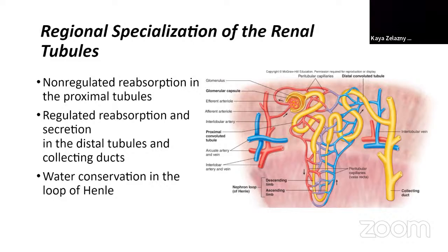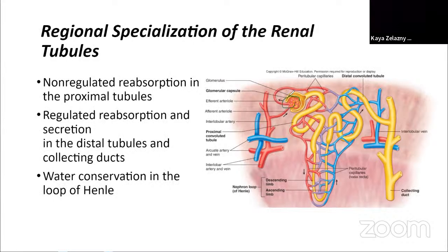In the distal tubules and in the collecting duct, so at the end, right? We have our glomerulus, we have Bowman's capsule. Put together, this is the renal corpuscle. We had our proximal tubule, we had our loop of Henle, and we have our distal tubule and our collecting ducts.